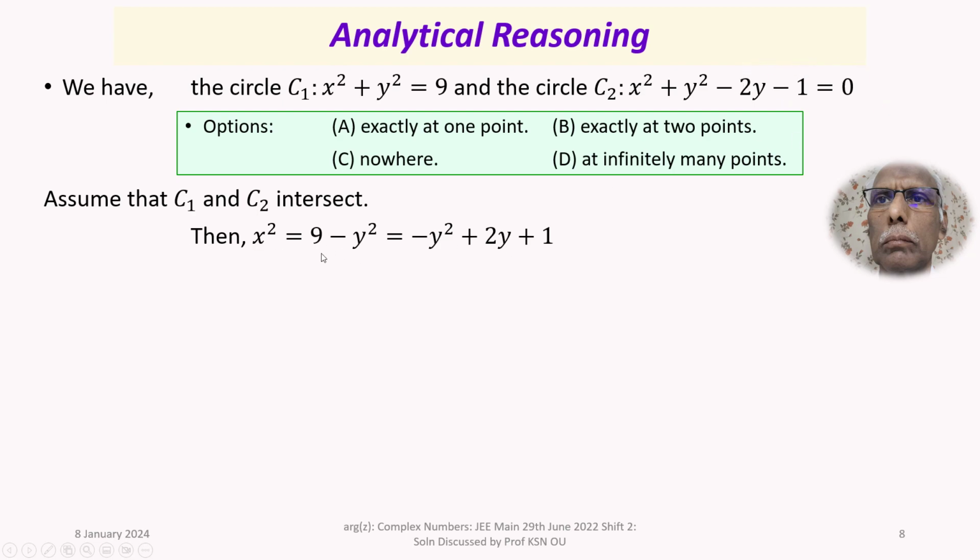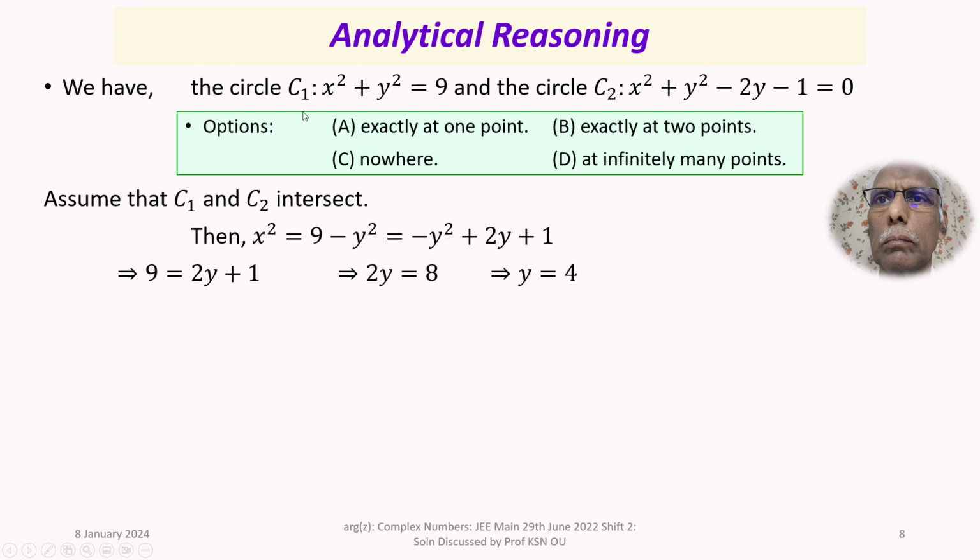Equate them. Then you get an equation in y: 9 minus y square is equal to minus y square plus 2y plus 1. Minus y square cancels, and you get 2y plus 1 is equal to 9, that is 2y is equal to 8, that is y is equal to 4.